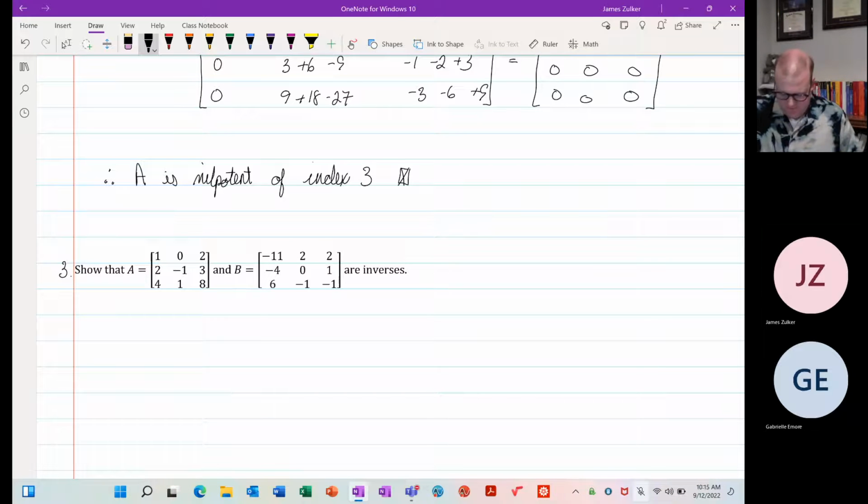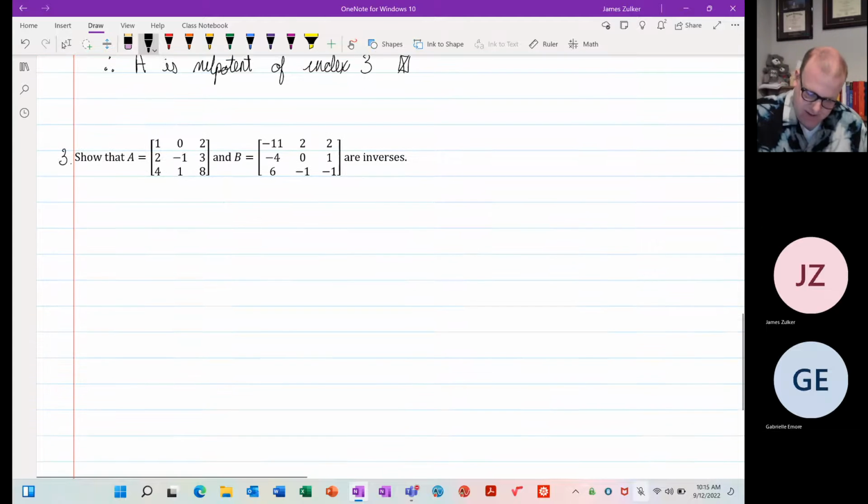And so number 3 deals with inverses. To show that A and B are inverses, we have to show that A times B gives us the 3 by 3 identity, and B times A gives us the 3 by 3 identity.